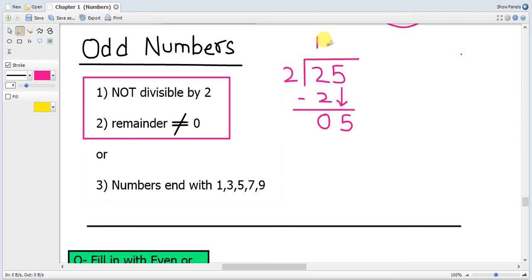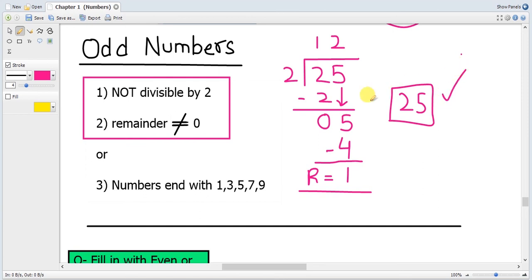We are not allowed to go beyond 5, so we'll stick to 5 or close to it. So 2 times 2 is 4. Now take away these numbers. So 5 take away 4 is 1. So see, we are getting a remainder which is 1, which is not 0, a non-zero remainder. So from here we conclude that 25 is an odd number, right?